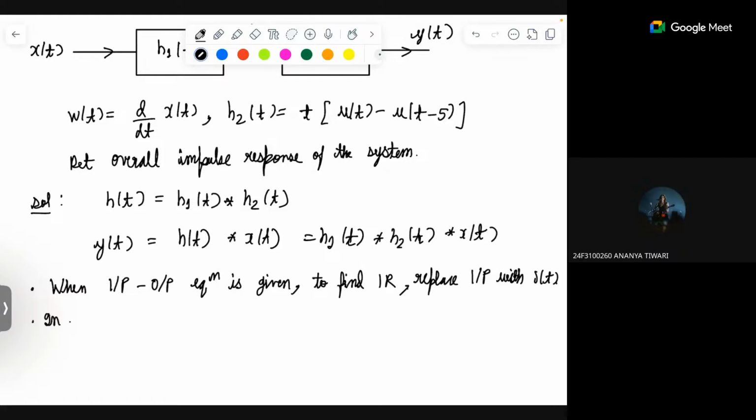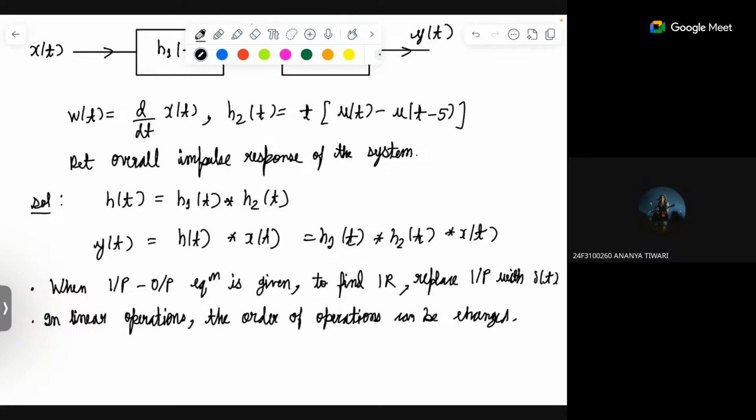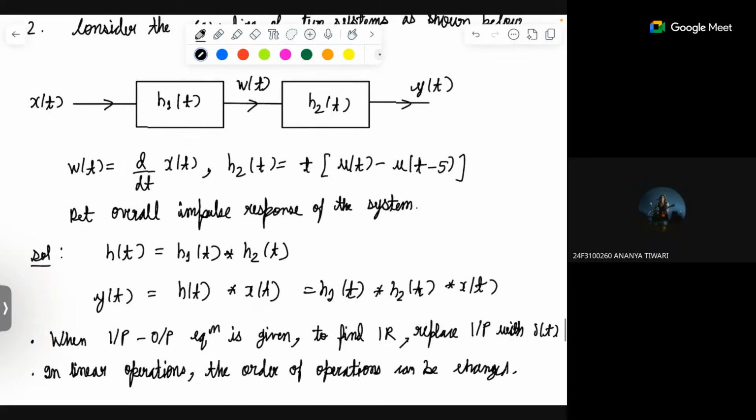Second, in linear operations, the order of operations can be changed. So these are the two hints. Now start solving. Is the question clear?